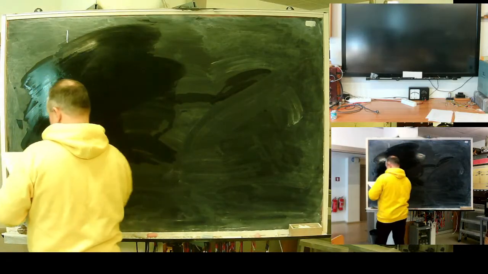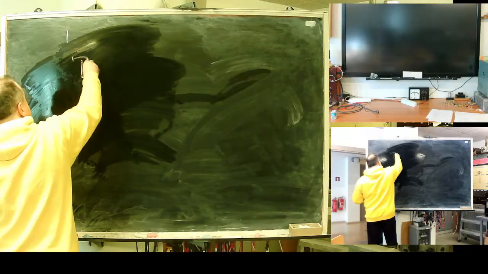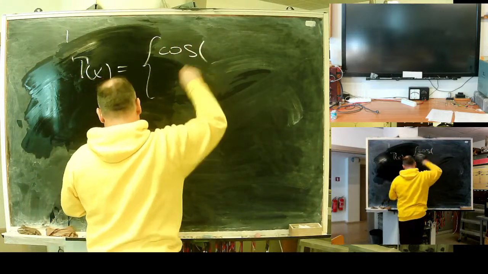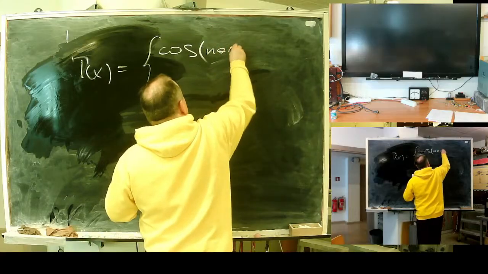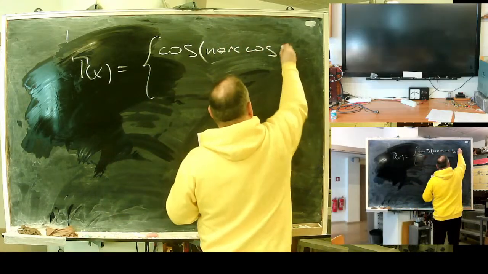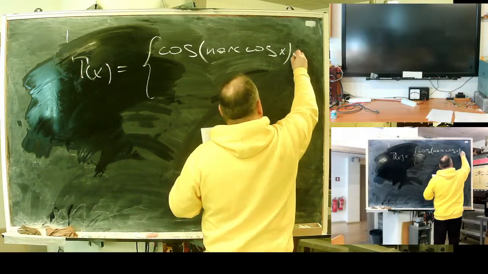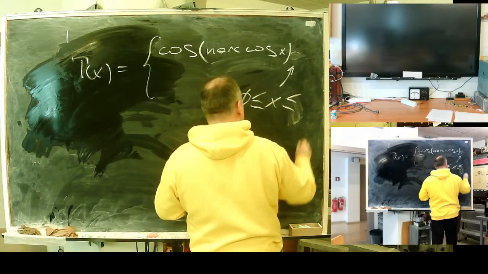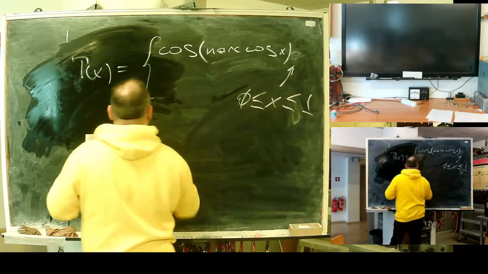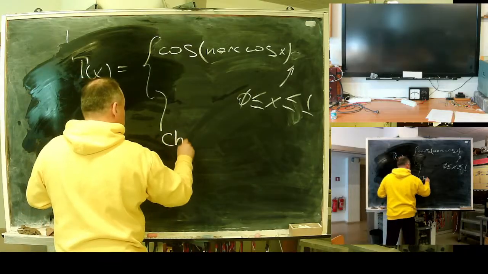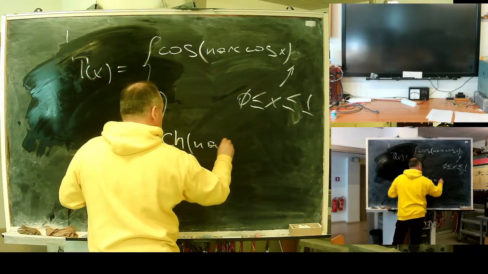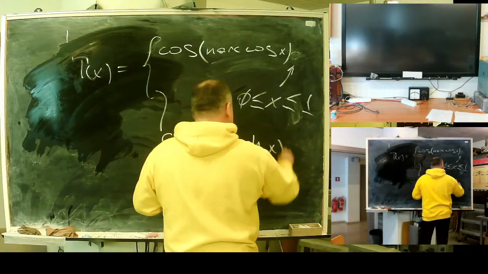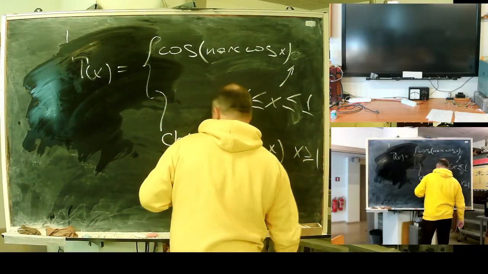So Chebyshev polynomials: cosine of n times arc cosine x, here for x between 0 and 1, and hyperbolic cosine of n times arc hyperbolic cosine of x for x greater than 1.